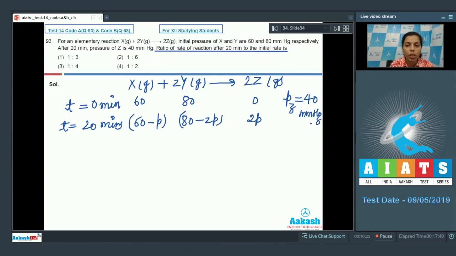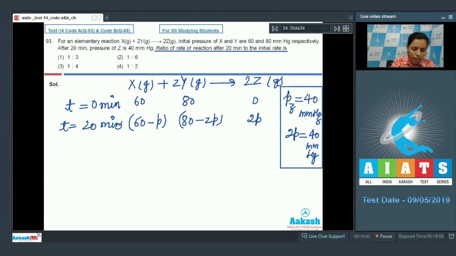This is the fact that's given here. On the basis of that, we can say that the pressure 2P is equal to 40 mmHg, as per the question. And now let me just place it in a bracket.